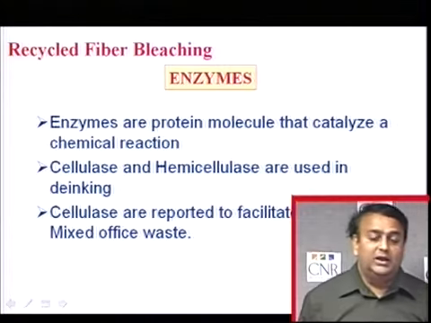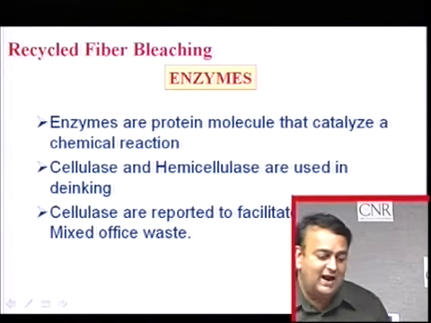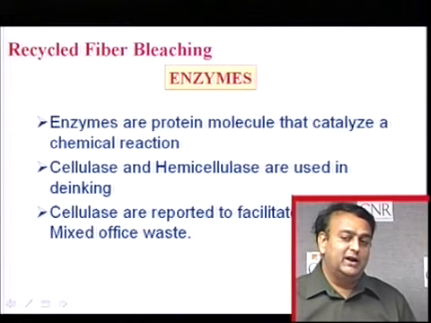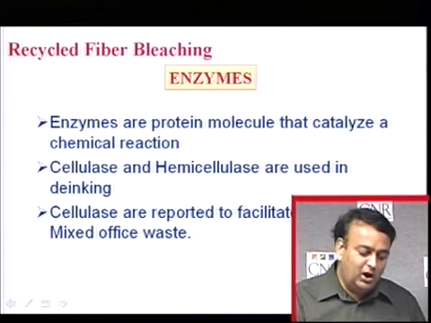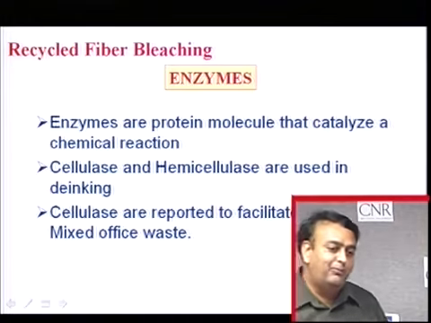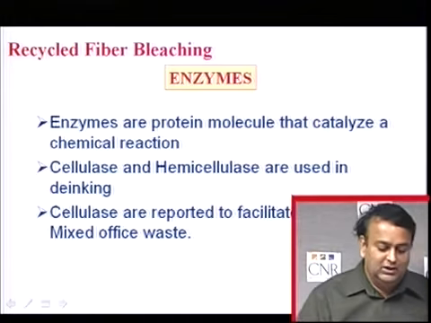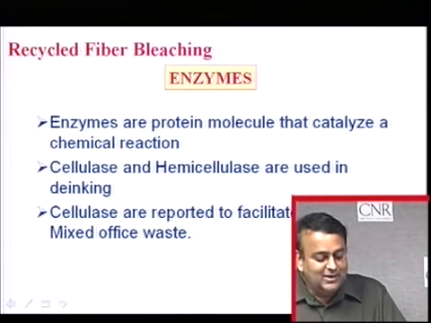We saw in reductive bleaching hydrosulfide, FAS and DBI, the direct borohydride injection process. I am going to touch upon enzymes a little bit, because enzymes also help in bleaching as a pre-bleaching step. Enzymes are protein molecules that catalyze a chemical reaction.